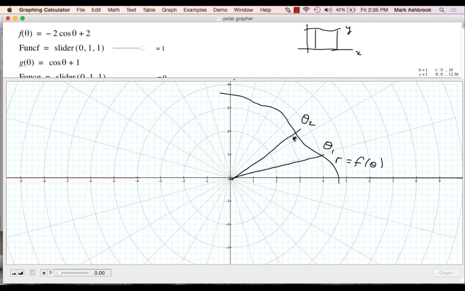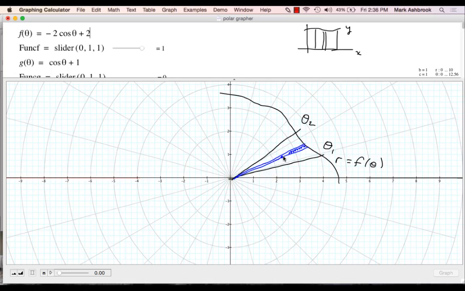If we go from the function to the zero value of the dependent variable, we're really talking about a slice like this. So in rectangular coordinates, we summed up typical rectangles. What are we summing up here? Typical, what are those? It's a little wavy.